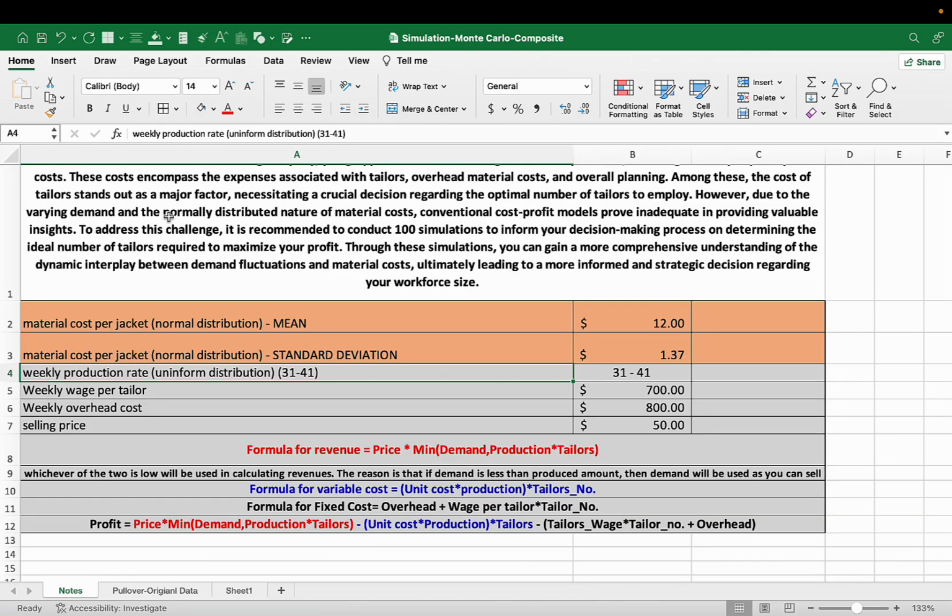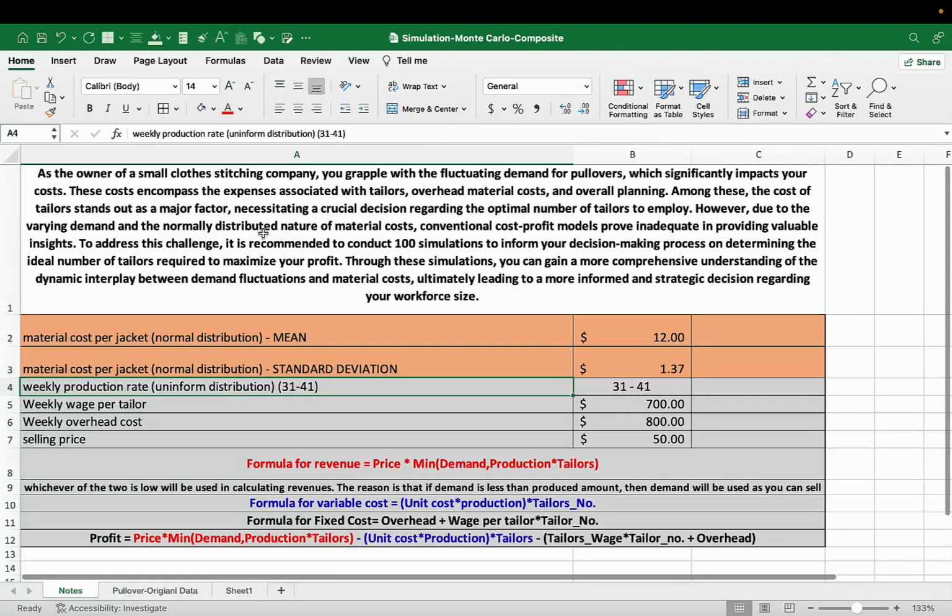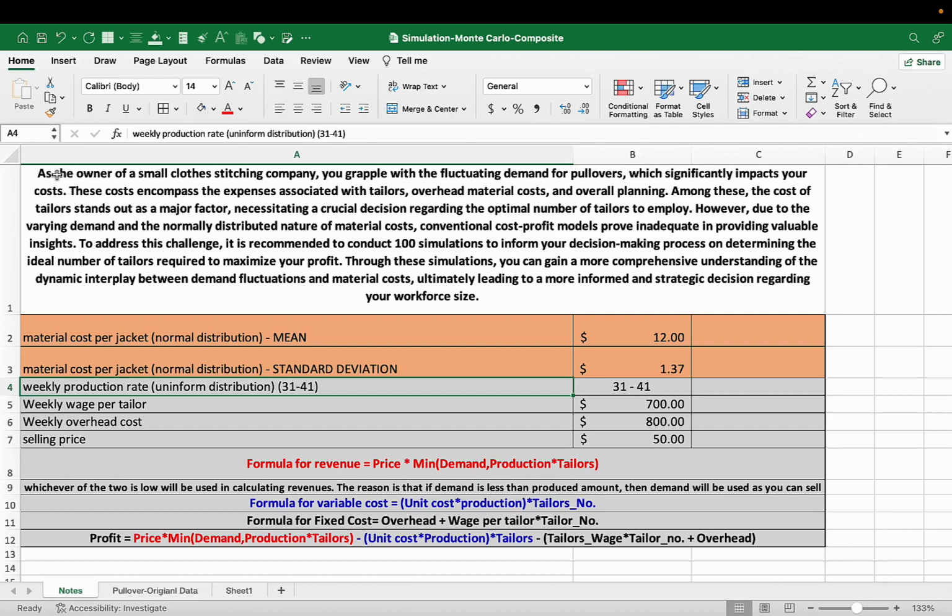Okay, so in this simulation, here is a problem. As the owner of a small clothes stitching company, you grapple with fluctuating demand for pullovers, which significantly impacts your cost. These costs encompass the expenses associated with tailors. In this case, they have up to 6 or 7 tailors, plus overhead, material cost, and overall planning.